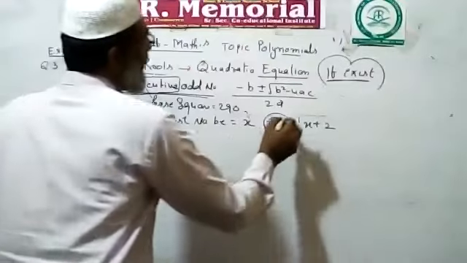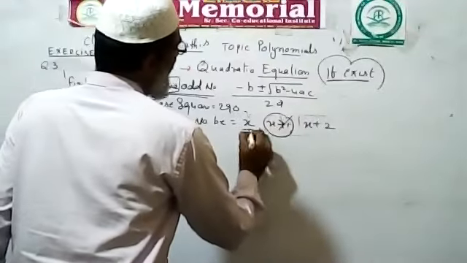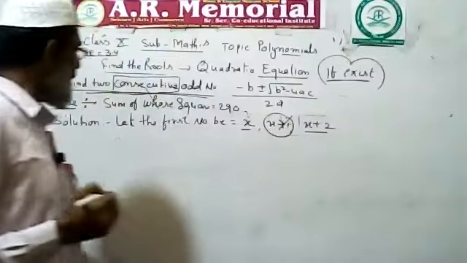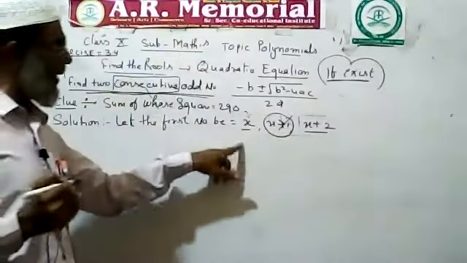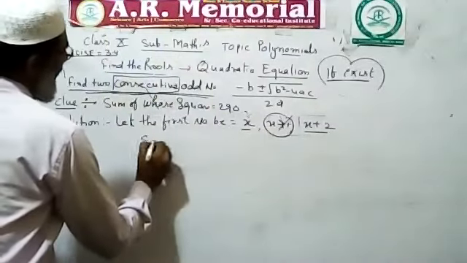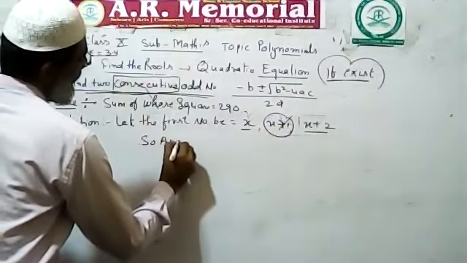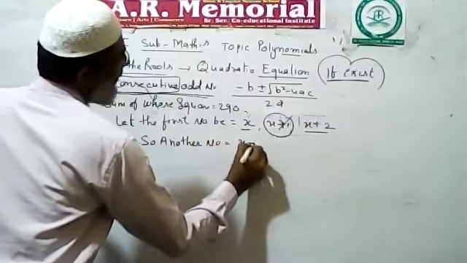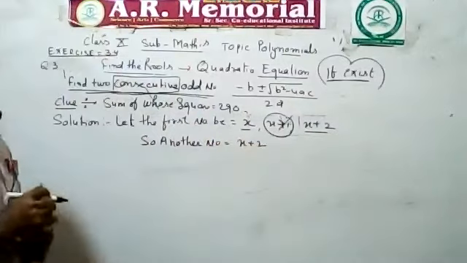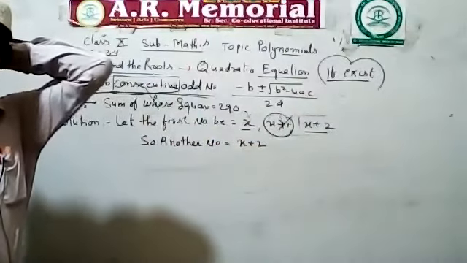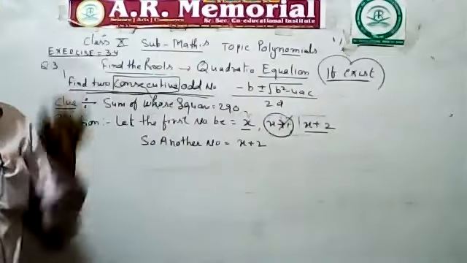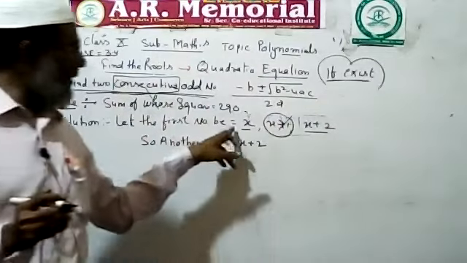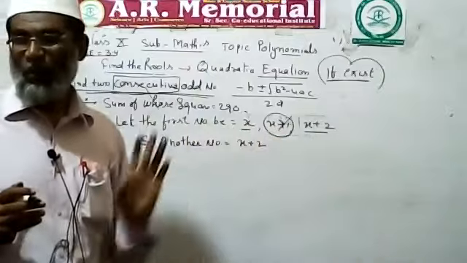So we cannot take that. If we let the first number be x, the other number will be x plus 2. These are two consecutive odd numbers. If x is odd, x plus 2 is odd.